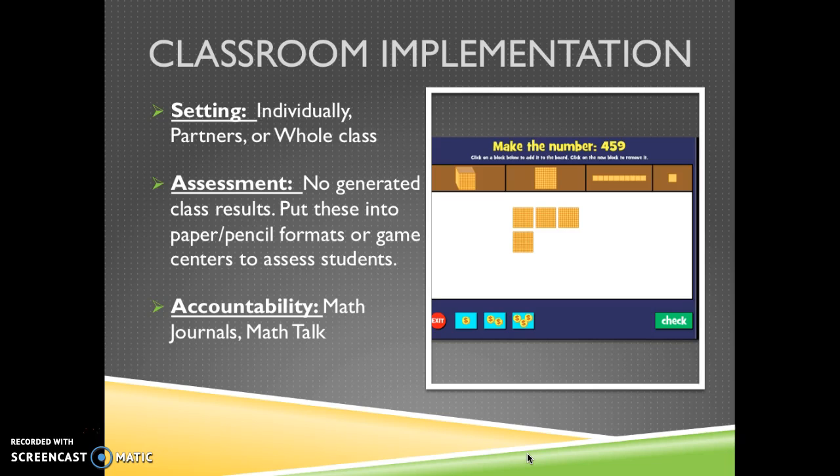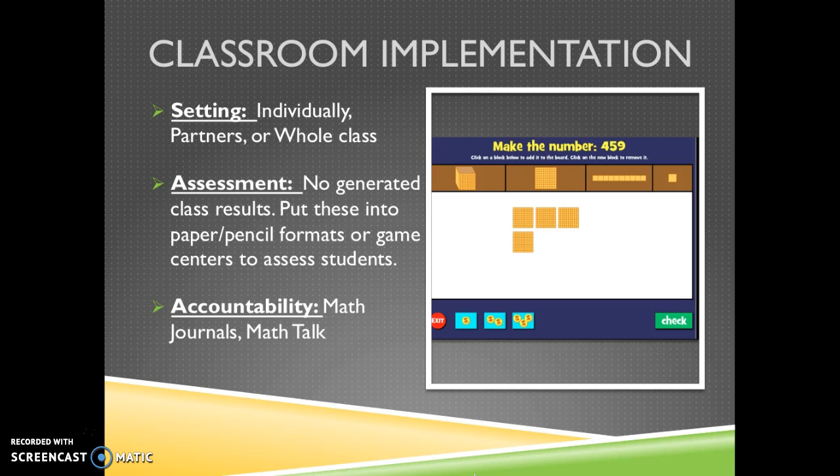So I think that you can do this individually. Students can do this game on an iPad. You could have students do it as partners, and the partners together compete against Pop the Penguin using an iPad, of course. Also, you could use it whole class and do it on the smartboard as well.